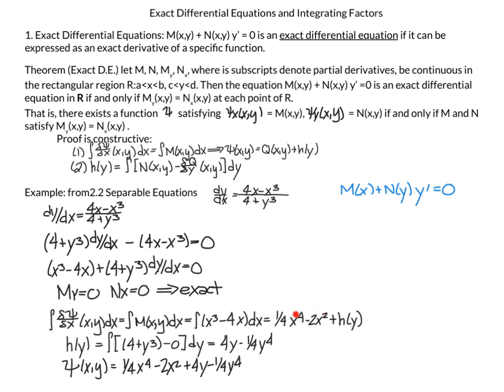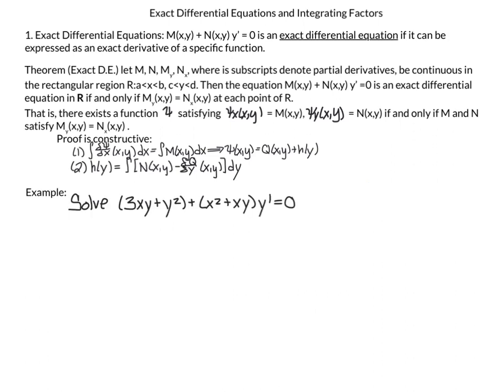It's over here, with respect to y. And because q now only has variable x, that will be equal to 0. So the integral of 4 plus y to the 3rd will be 4y plus 1/4 y to the 4th. So our psi is equal to 1/4 x to the 4th minus 2x squared plus 4y plus 1/4 y to the 4th, which is exactly what we got when we simply separated and then integrated both sides of the equation.